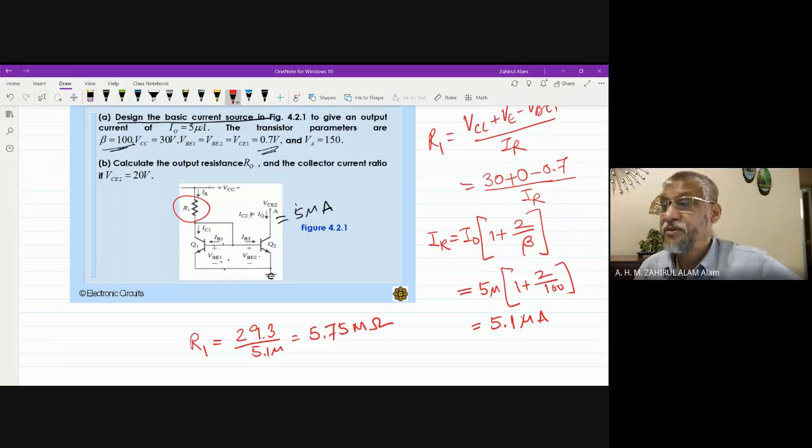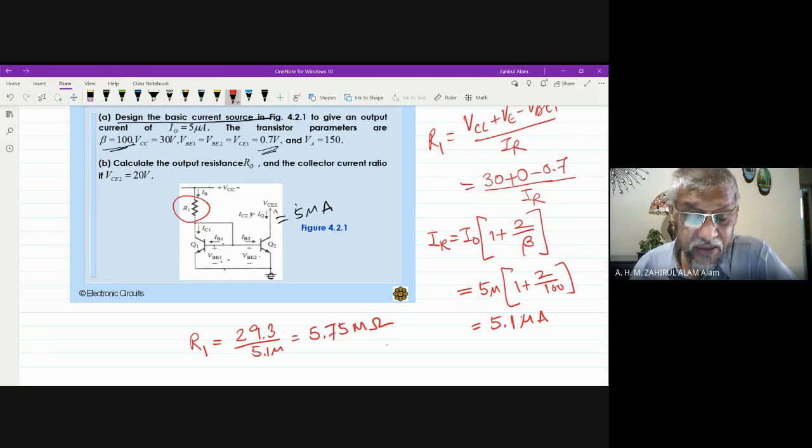This value of resistance is very high for an integrated circuit, so we don't prefer it. This is the first question.